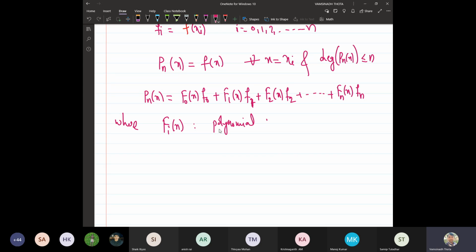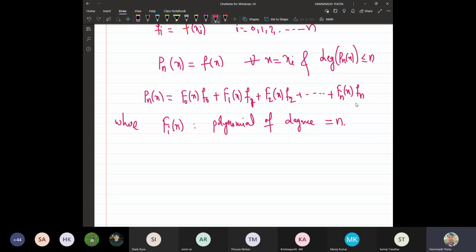Each one is a polynomial of degree equal to n. So look at this one: this is a polynomial of degree n, this is also a polynomial of degree n, and similarly Fn of x is also a polynomial of degree n.